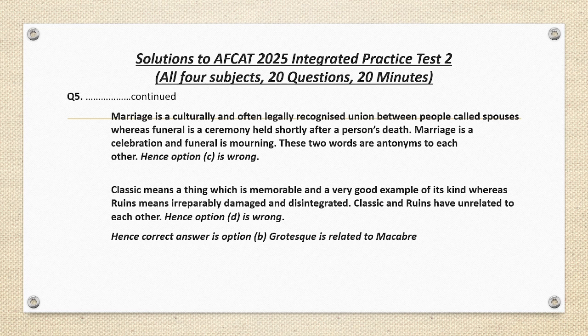It means a memorable and very good example of its kind. And then ruins means irreparably damaged and disintegrated. Right? These two words, classic and ruin, they do not have any relationship with each other. So option D is also wrong. So what we got, grotesque and macabre, they have got a synonymous relationship. So option B is correct.